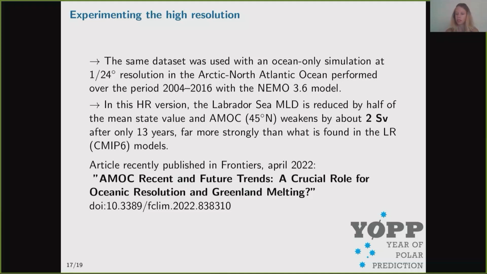This was published this year, and it made us believe again that the resolution of the mesoscale processes and realistic boundary currents are very important when studying the impact of Greenland ice sheet melting.